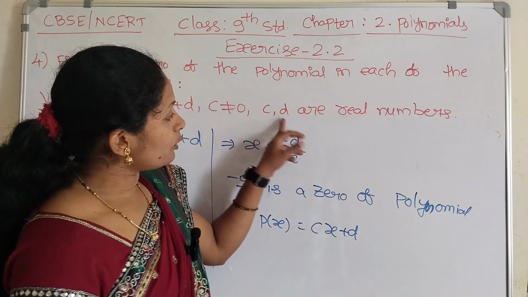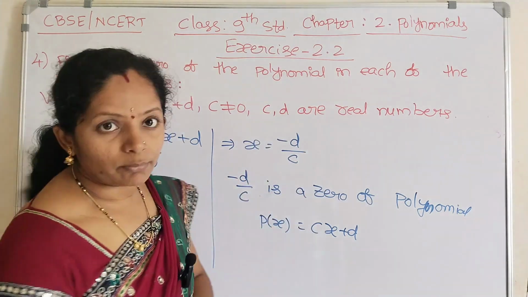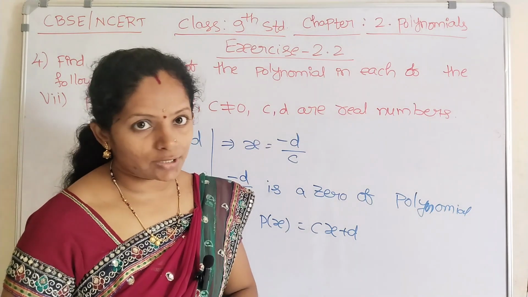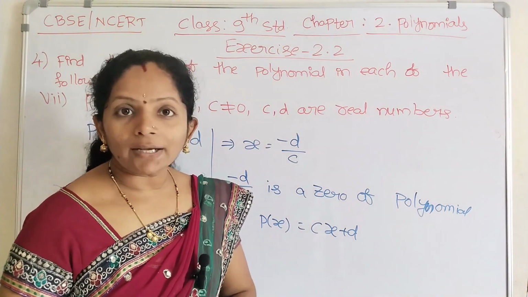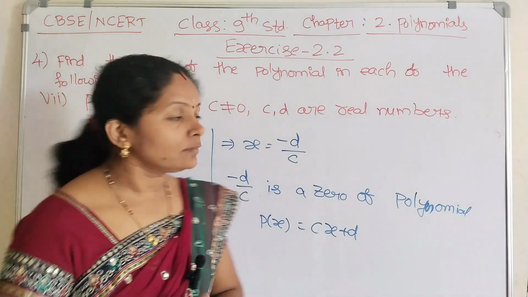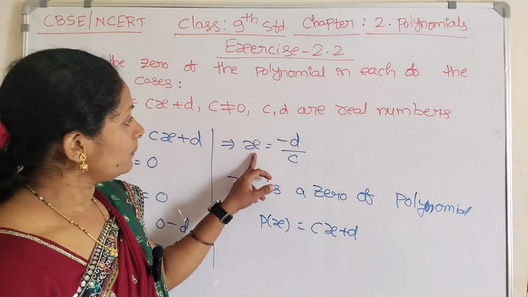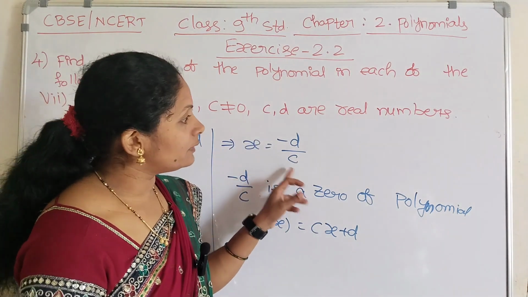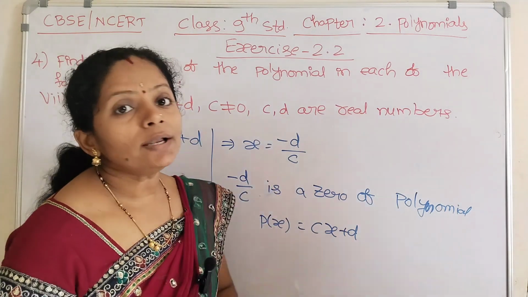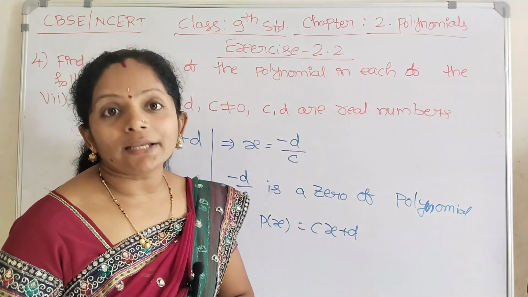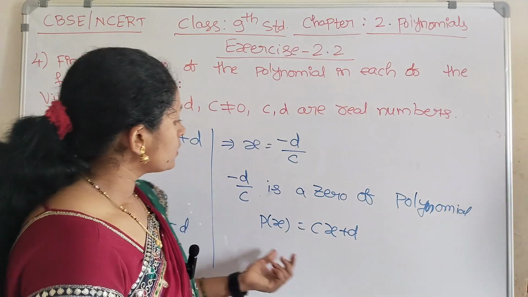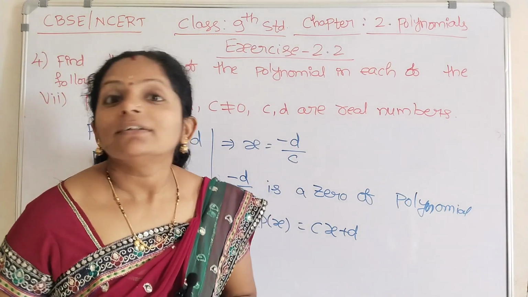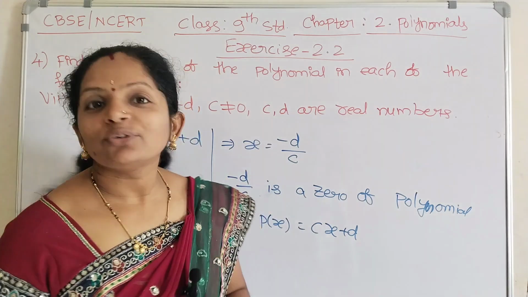Here c comma d both are real numbers, meaning it is the combination of the rational and the irrational. In the introduction part, I told you that this x should be a power of a whole number, but it should not be a real number or any negative exponent. It should not be there. So this is the zero of this polynomial, and this was about the exercise 2.2.